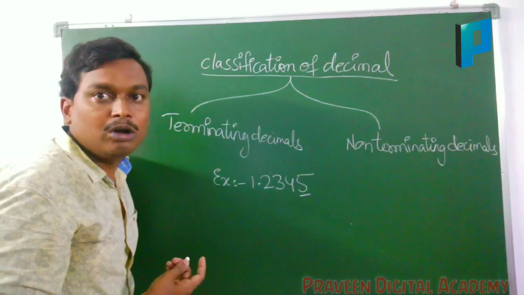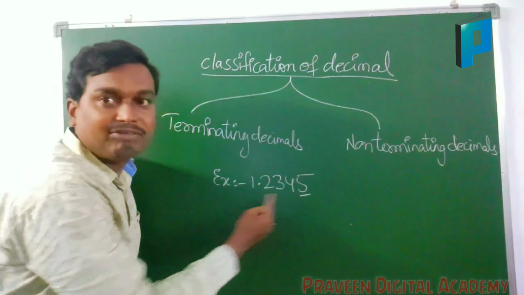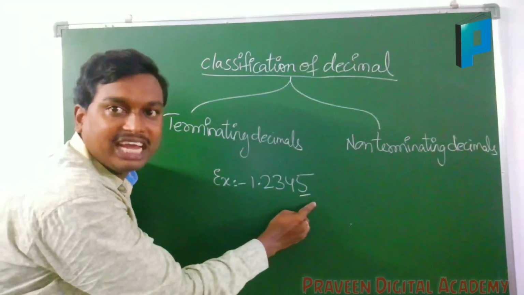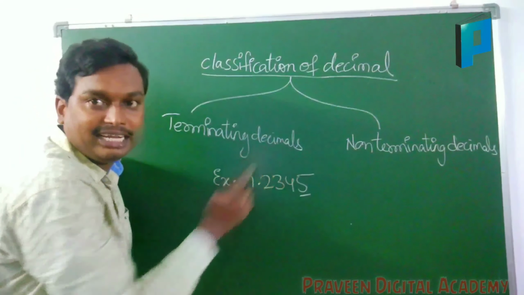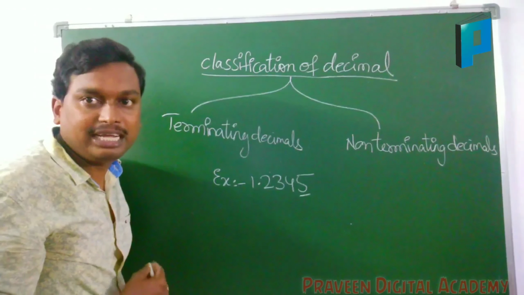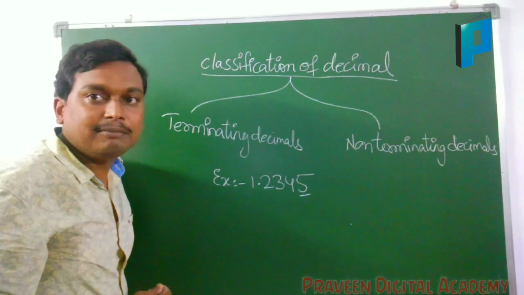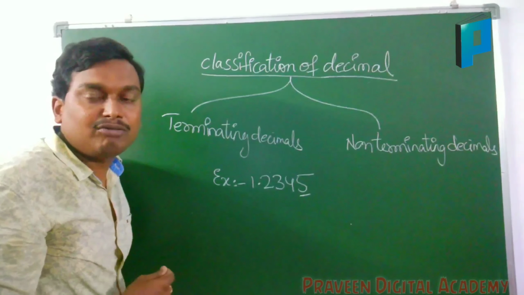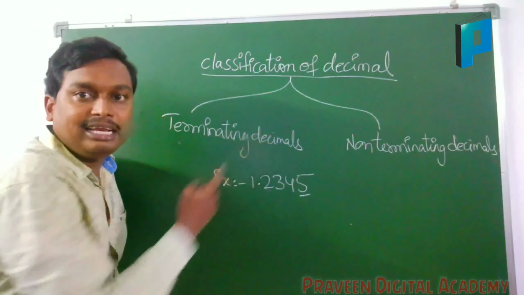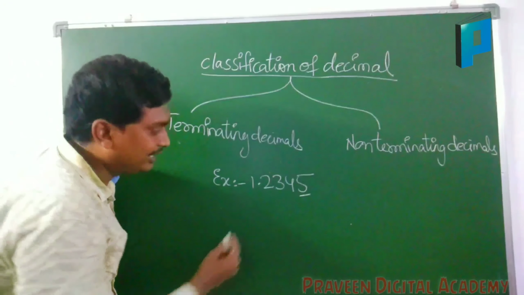No. No number is there after 5. These kinds of numbers, which have an end, are called terminating decimals. Simply, the definition of a terminating decimal is a decimal with a finite number of decimal digits. I will give you some more examples here.